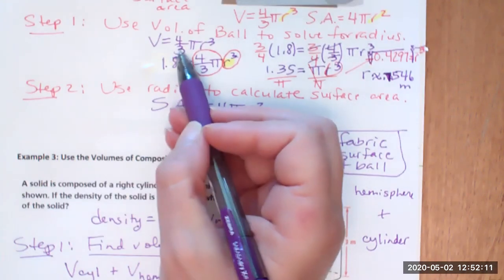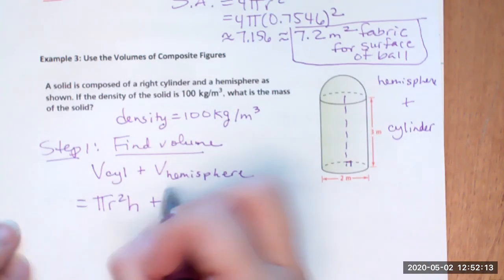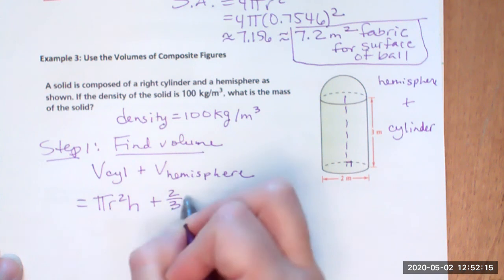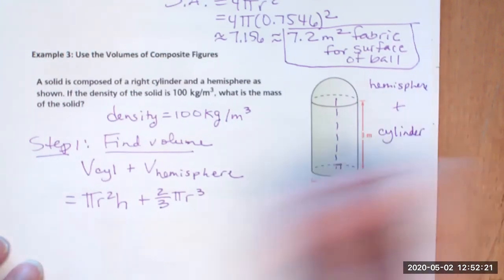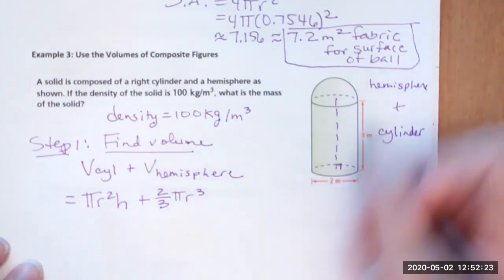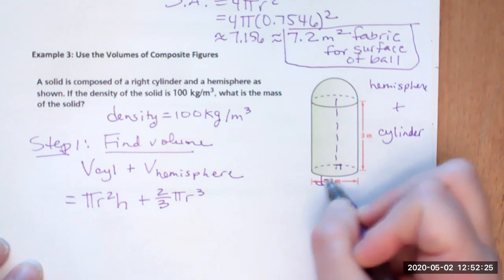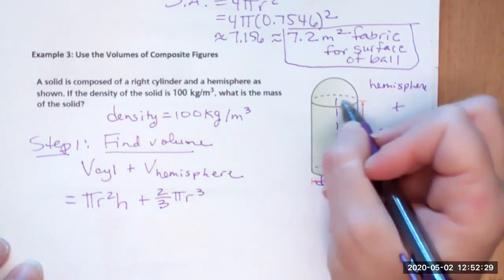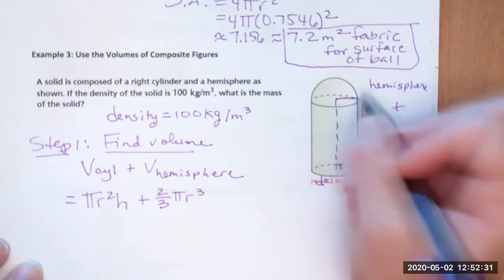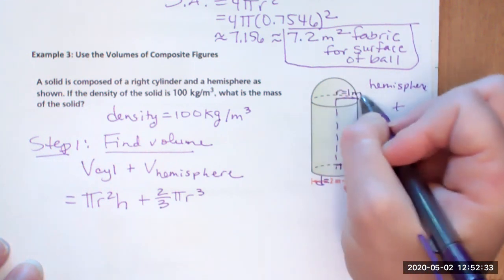Half of 4/3 is 2/3, so we have 2/3 pi r cubed. Now, what's the radius for both of these? The diameter is 2 meters, so the radius is half of that, which is 1 meter.